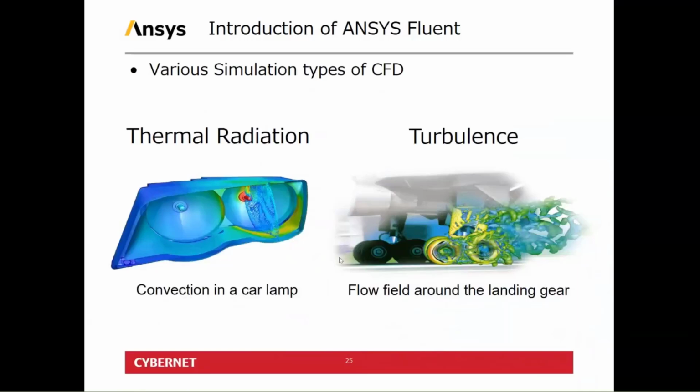In this case, I think it's better to consider the influence of thermal radiation, because thermal radiation influences the result of the temperature profile. Especially in the case of natural convection and high-temperature phenomena like combustion, you have to consider the influence of thermal radiation.